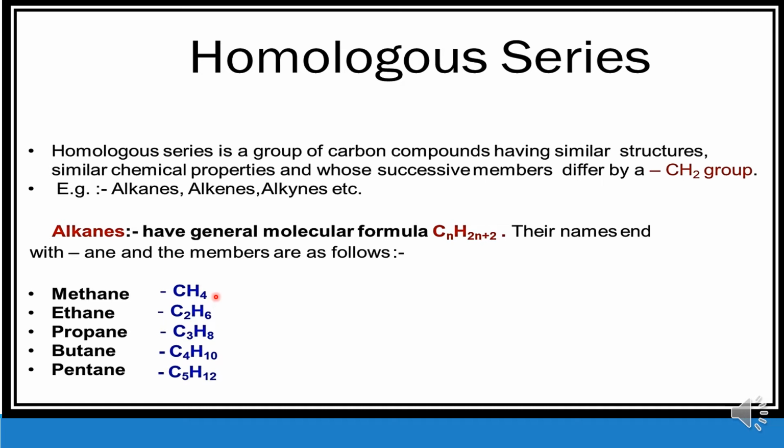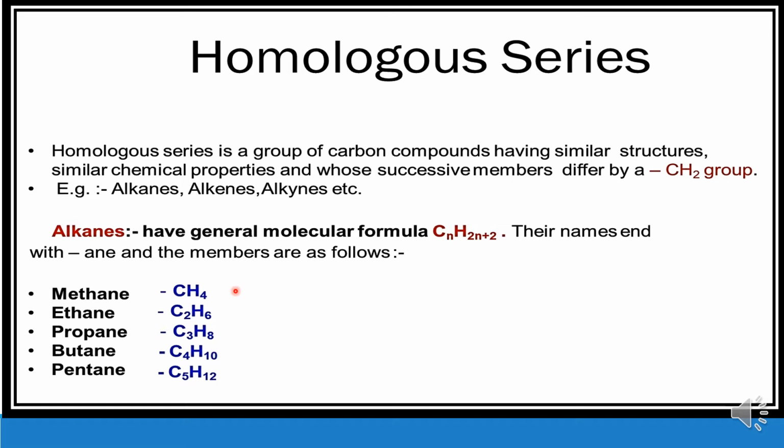If you substitute n as 2, you will get the second member of the homologous series. If the value of n is 3, you will get the third member of the alkane series. If the value of n is 4, you will get the fourth member, and so on.